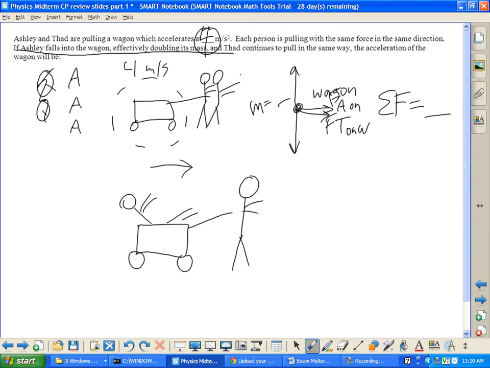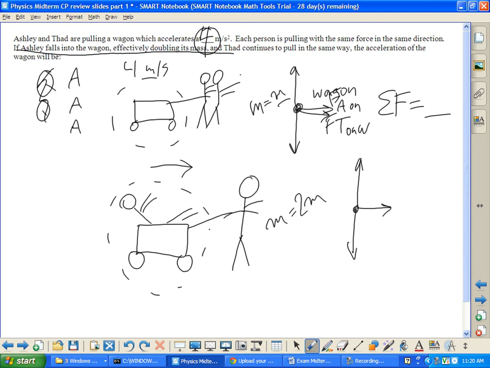While you draw the picture, you can think about the quantities you know. If the mass here is m, the mass of the wagon here must be twice that. But the total force is half.